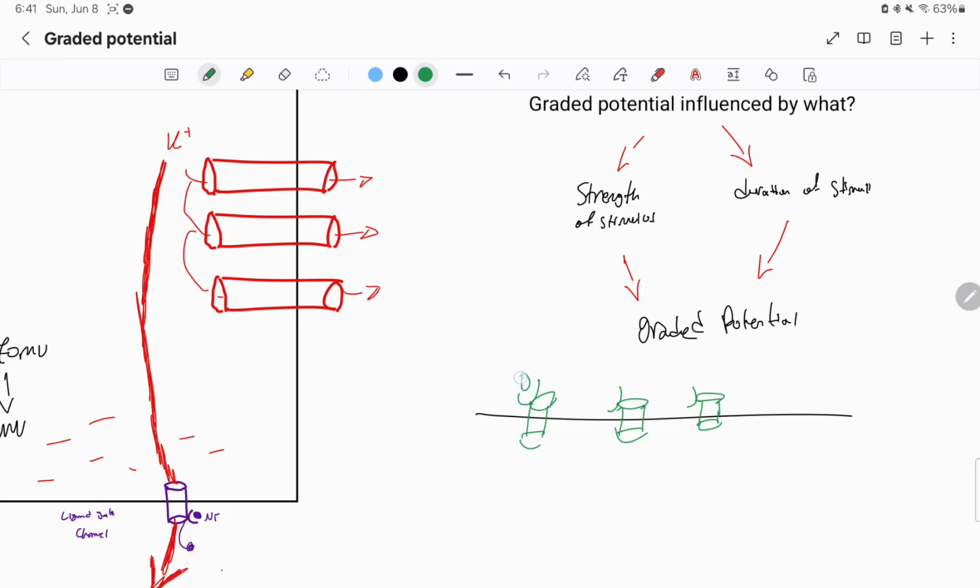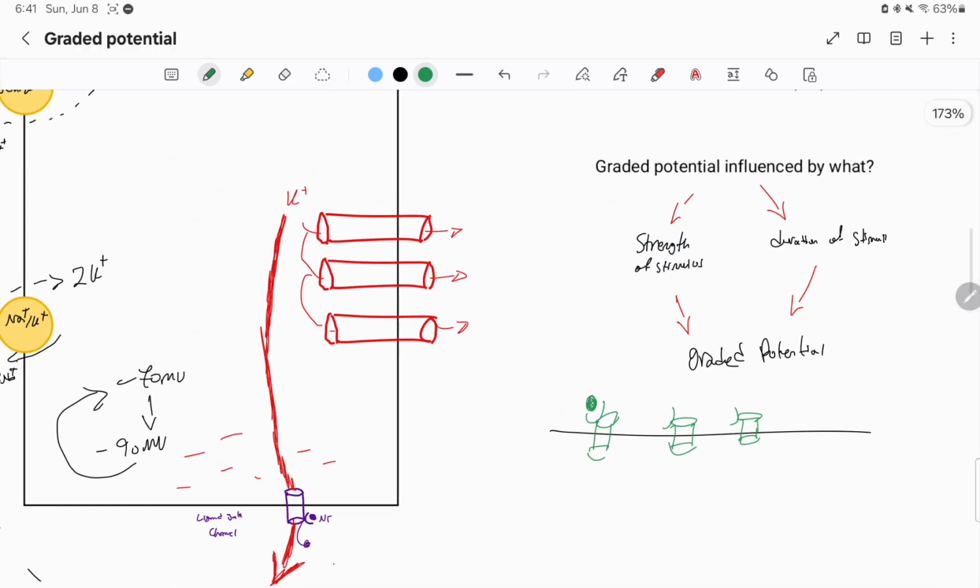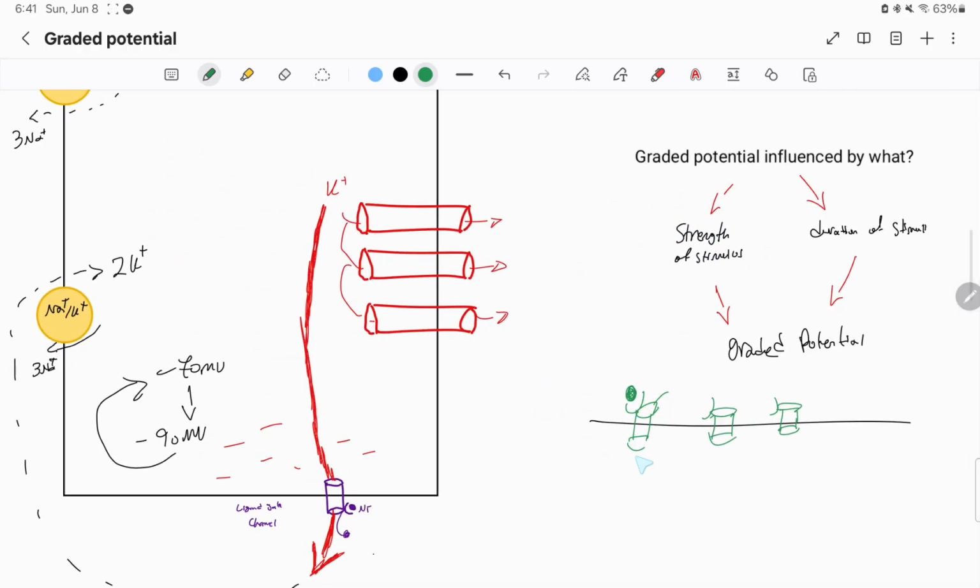If only one neurotransmitter binds to this ligand-gated channel, we have 3 ligand-gated channels, but only one neurotransmitter bound, then the strength of our stimulus is pretty low, which means I would bring in, for example, less sodium than I would have if I bound all 3 of these. If I bound all 3, a lot more sodium would come in. That's an example of the strength of the stimulus. For example, if I want to cause an EPSP and I bind only one of these neurotransmitters, then I have a very weak strength of stimulus.